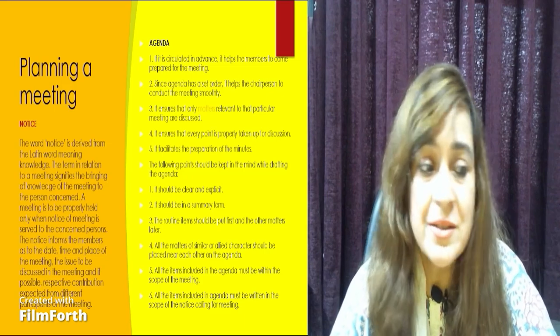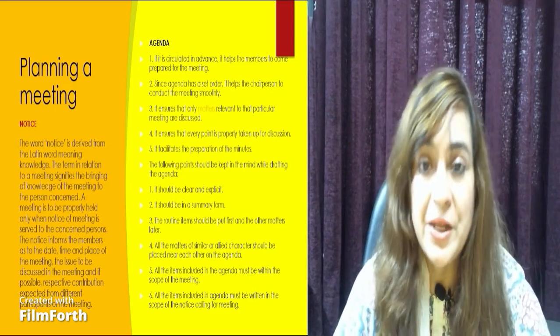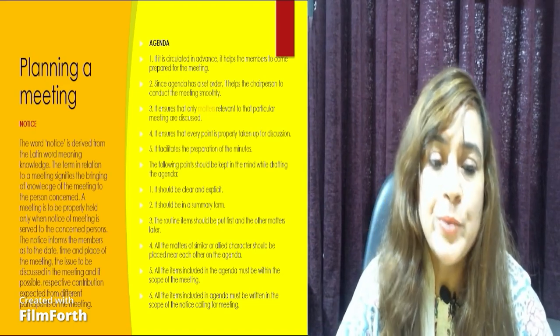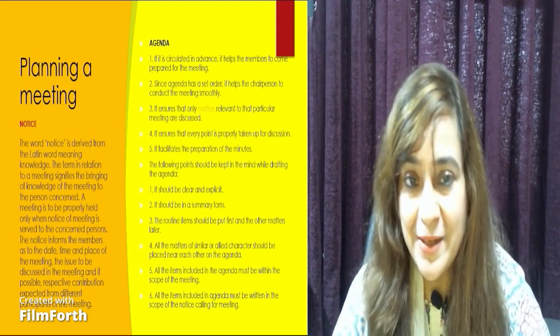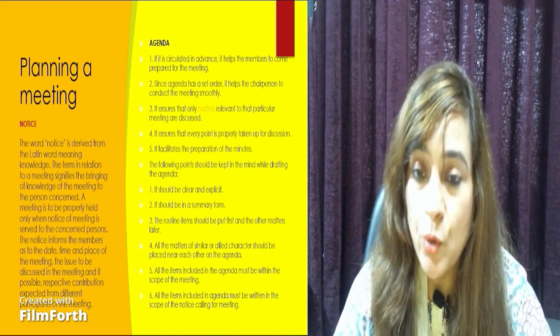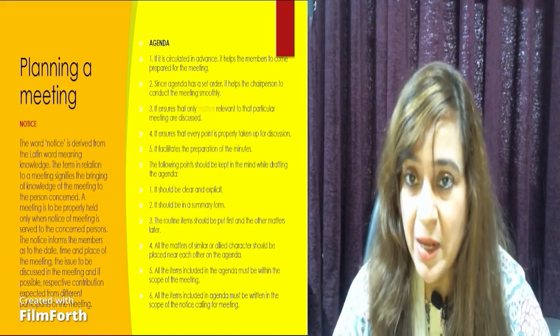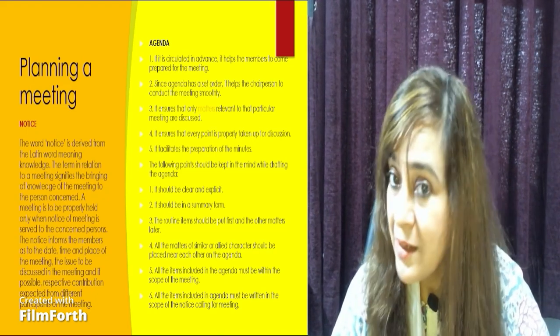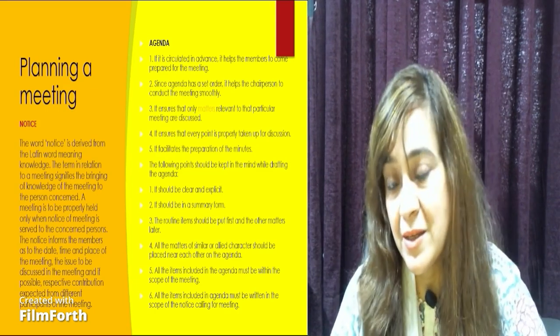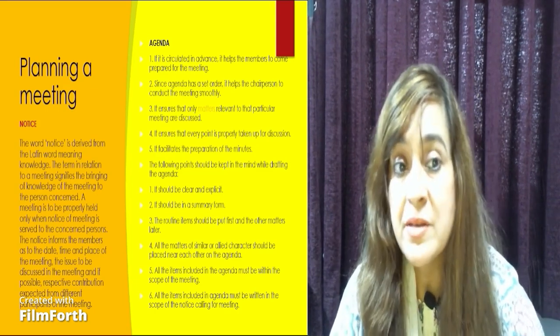An agenda is a list of items to be discussed at a formal meeting. All the things we need to discuss are itemized, put down, and then discussed one by one in a linear, chronological order. So everything is structured, everything is written.